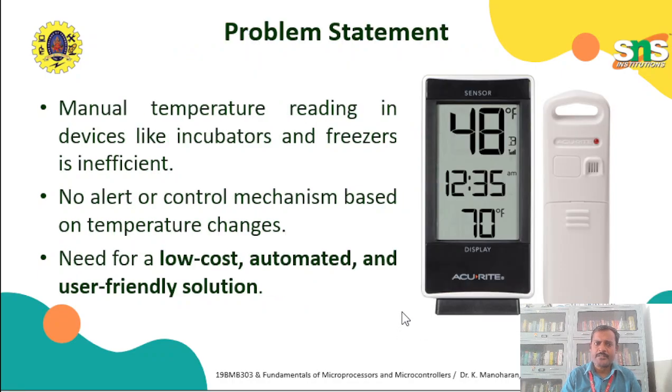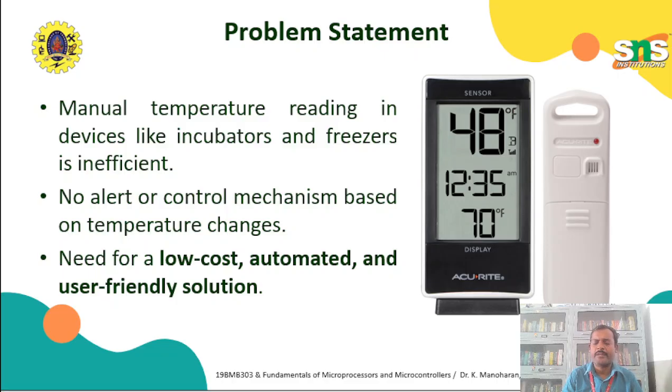So the problem statement is, we need to avoid manual reading, because whenever we do manual reading, we cannot have automation. Manual temperature reading gives manual values. We cannot have automation using those values. For example, in incubators or freezers, manual reading cannot do anything.